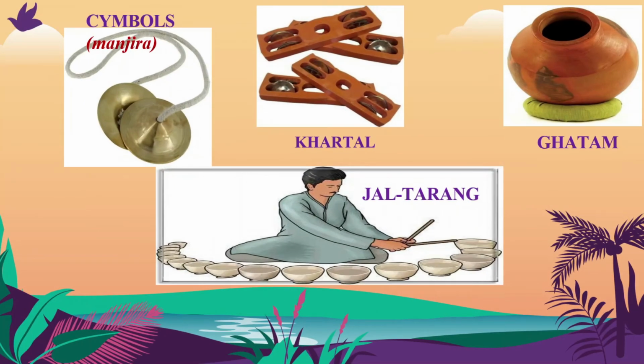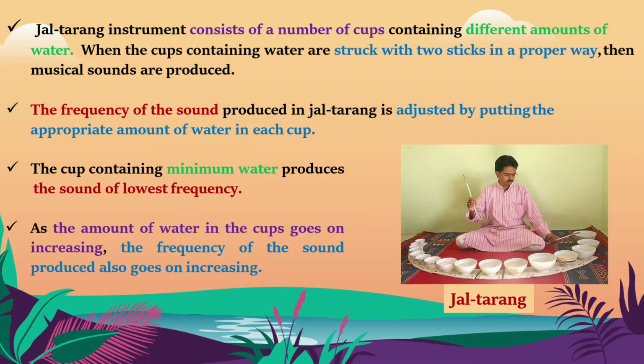So this one is Manjira, cymbals, Kartal, a Ghatam and this one is Jaldarang. Jaldarang is an instrument which consists of a number of cups containing different amounts of water. When the cups containing water are struck with two sticks in a proper way, musical sounds are produced.